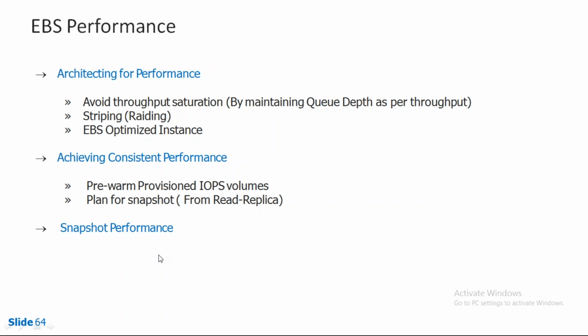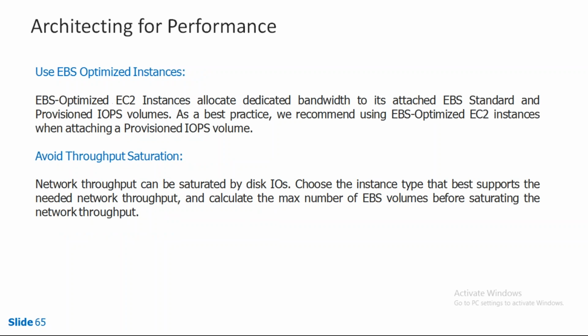Okay, replica is something that you replicate your data. Then snapshot performance, of course it will perform in whatever way you wanted. Like you wanted to create another volume, you wanted to copy it into some other region, you can do that. And architecture performance, then use EBS optimized instance.